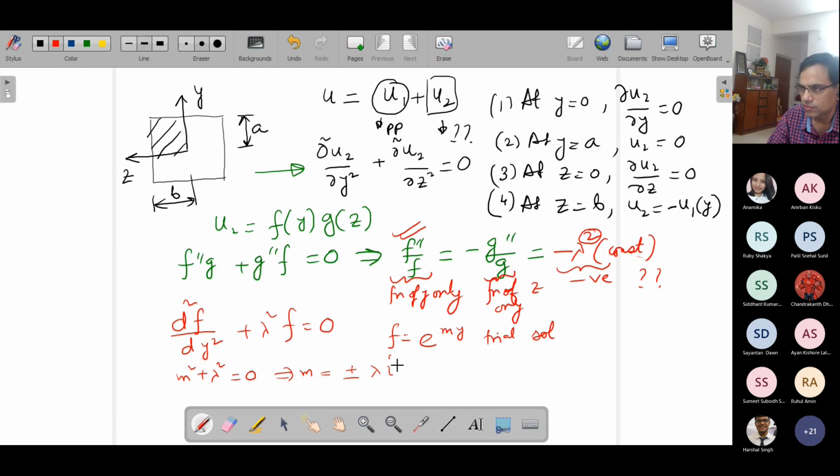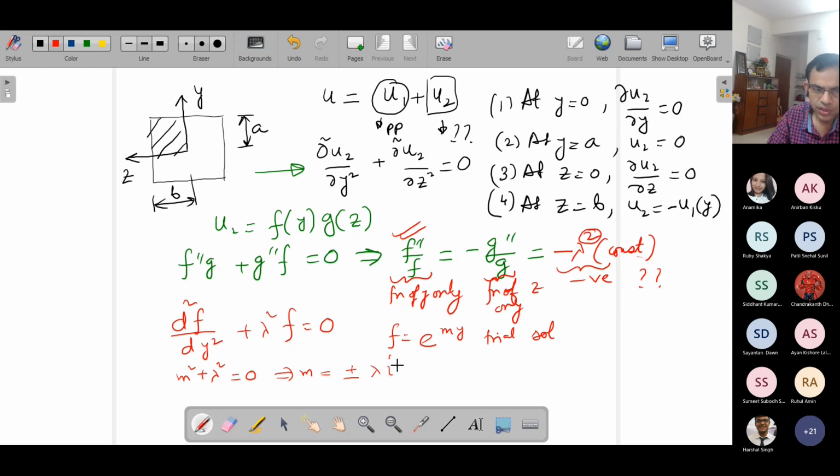So what we see here is that f is e to the power i theta, that type of expression. And we know that e to the power i theta is cos theta plus i sin theta.